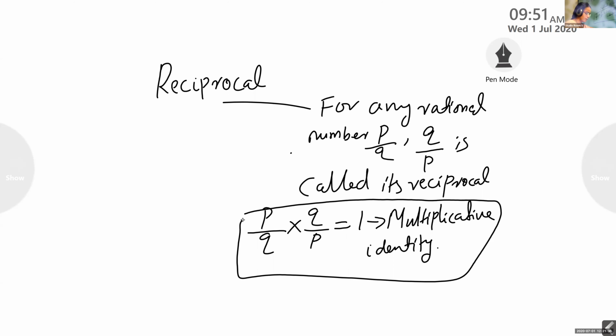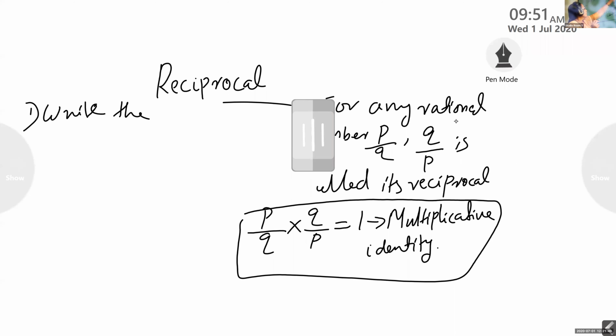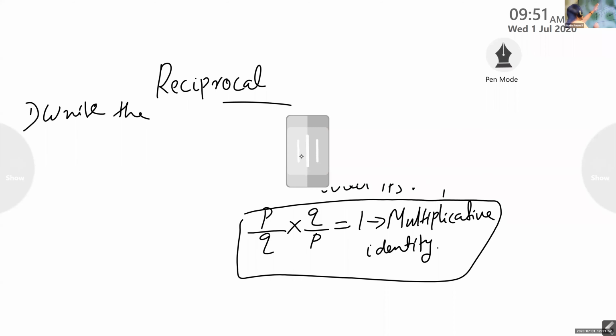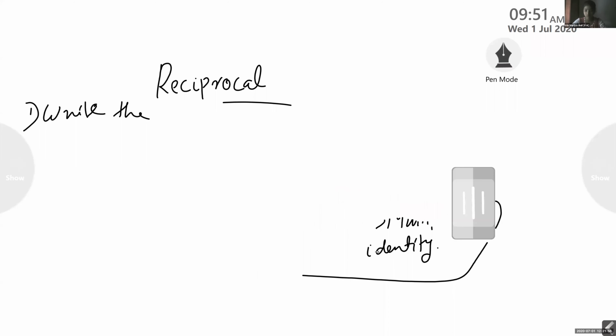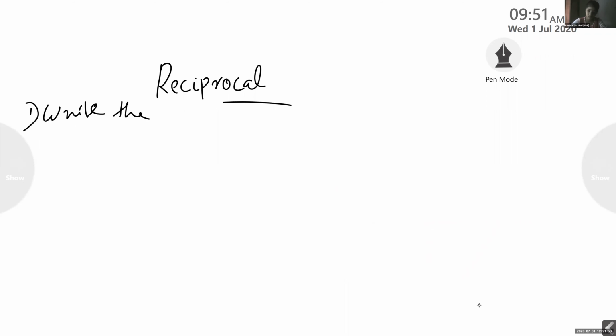Okay. Now, write the first question. Did all of you write this box, P by Q into Q by P is equal to 1? Yes, ma'am. Okay. Now, write a question. Can you see the board clearly? Yes, ma'am. Good.